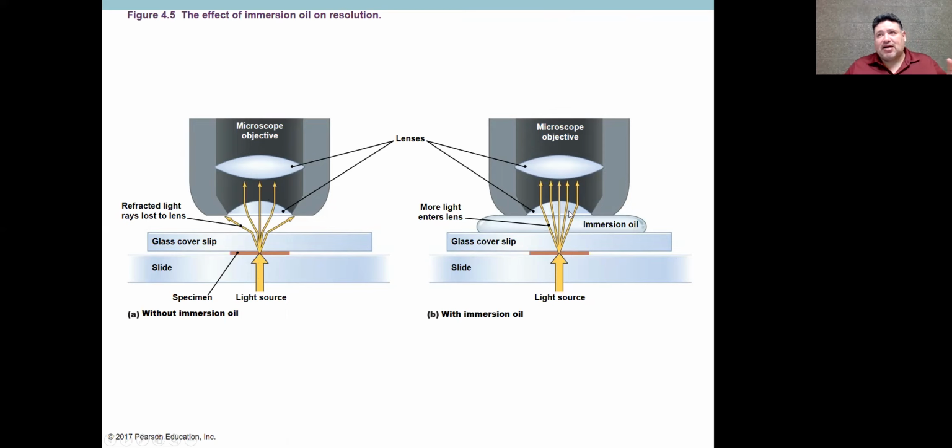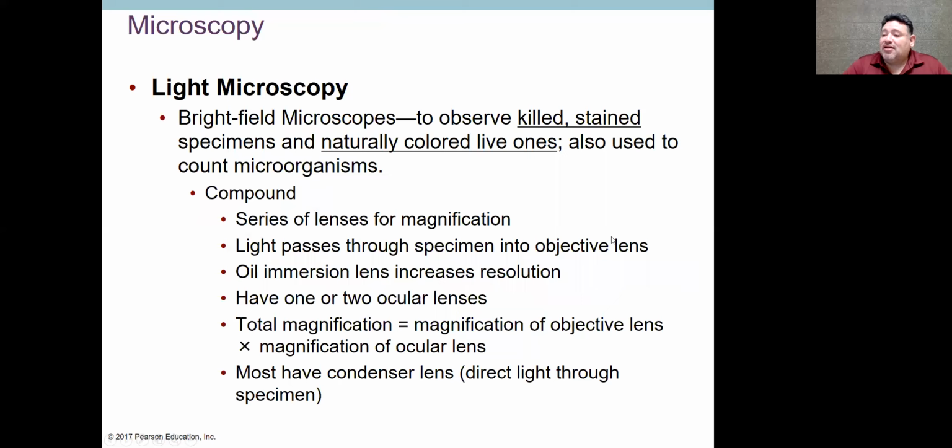So what happens is that more light information makes it into the objective. Interestingly, the immersion oil actually makes the image slightly smaller because it's pulling all those light rays in. But because it brings so much more information into the objective, the resolution and the contrast of the subject is much higher, and so that's why we use immersion oil in that 100x lens.